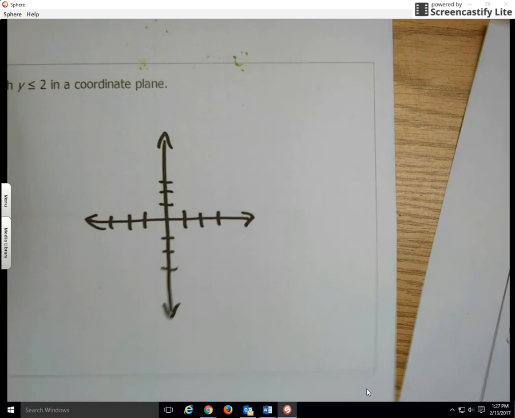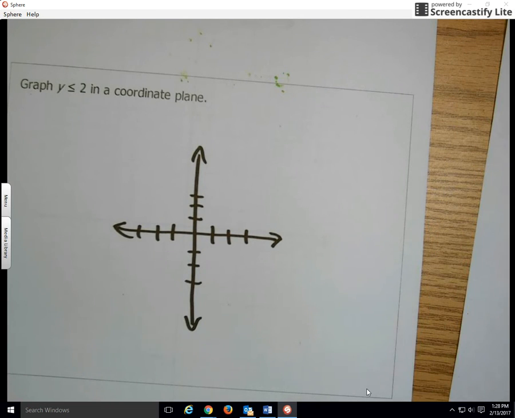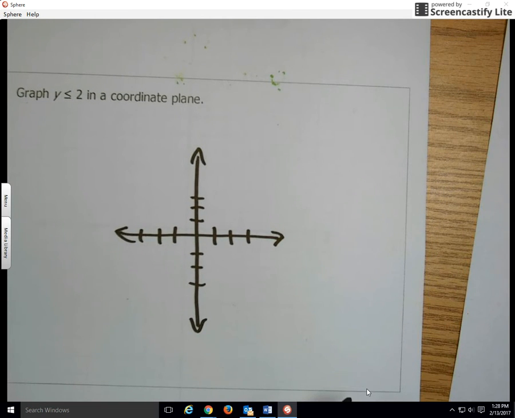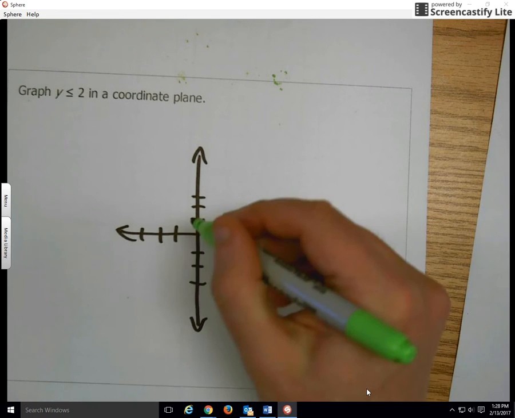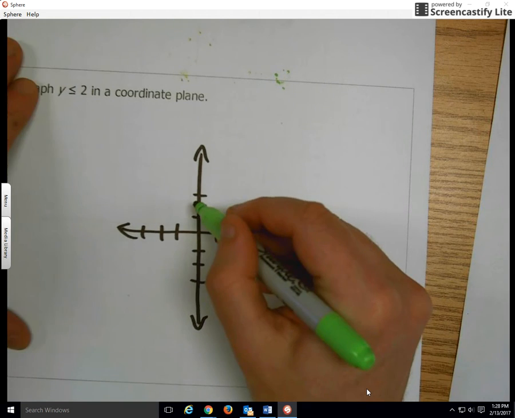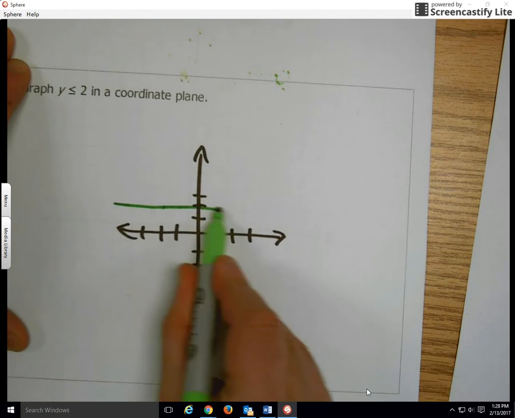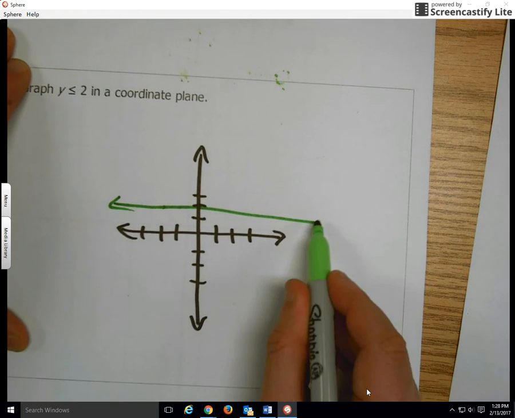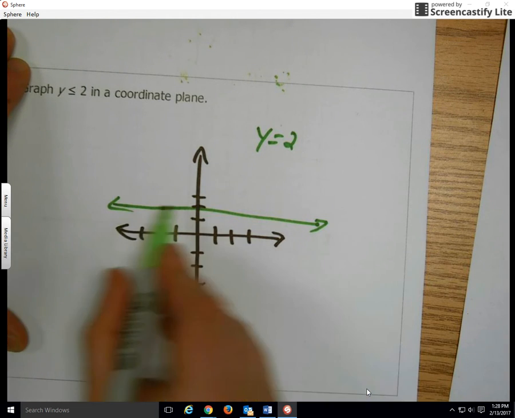Okay, so let's look at this one here. It says graph y is less than or equal to 2 in a coordinate plane. So it's only giving us a y value. So we start at the y, 2, and we draw a line through it. Just like we would if we were doing y equals 2, we would just go up 2 and we would draw a line through it.